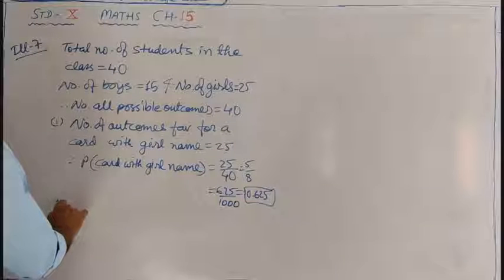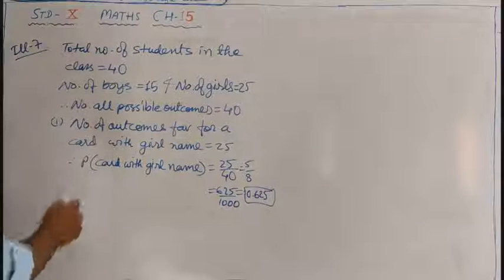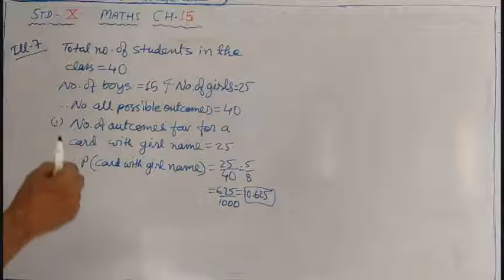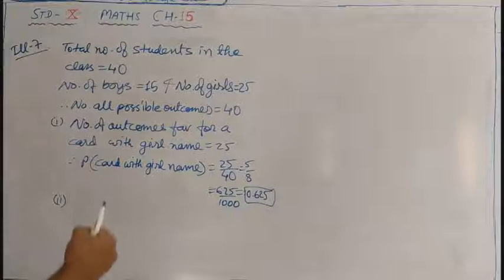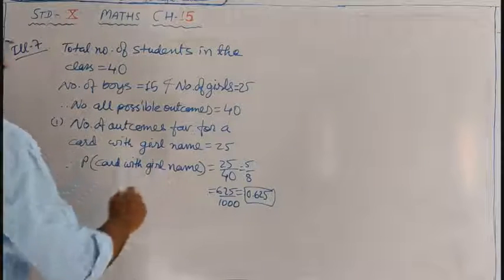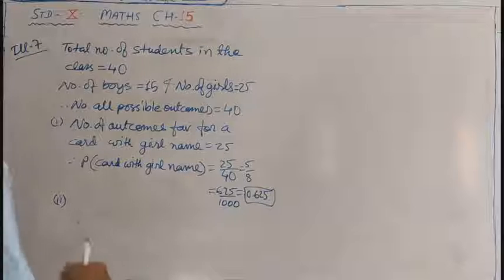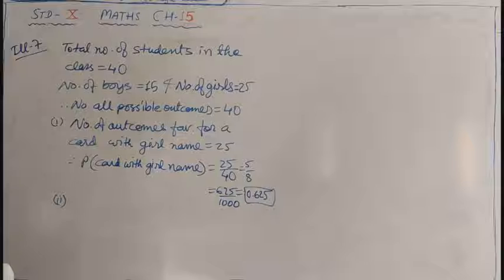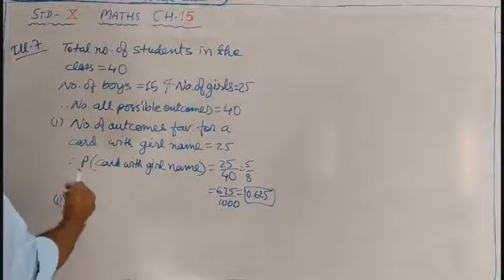Second part, here in this question, we can select event also. Let A be the event, let B be the event. Here A is the event that card drawn is a girl name. Then we can also say that B is the event that card drawn is a boy name.